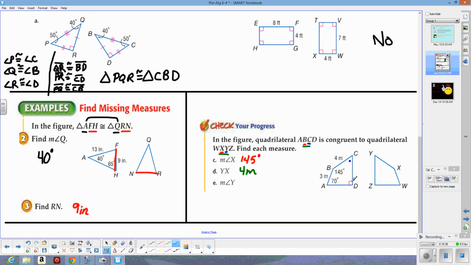And this one right here is 90 degrees. So we can figure out what C is by adding these three together and subtracting it from 360 degrees. Or start out with 360 and subtract 145, subtract 70, and subtract 90. And you end up with 55 degrees for angle C. So if angle C is 55 degrees, angle Y is also going to be 55 degrees.